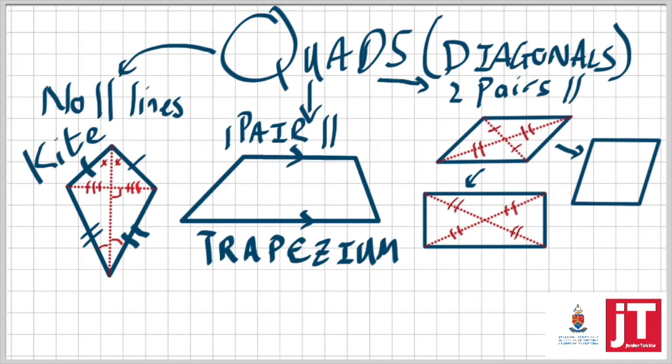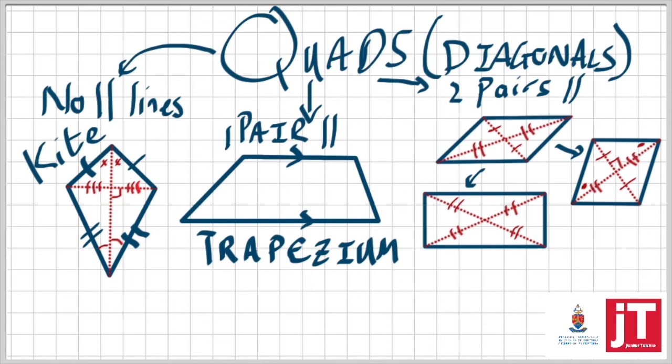Oh, they love to ask rhombi. Because not only are the diagonals bisected, but they are bisected at 90 degrees. Now, I love to ask this for my grade 10s and 11s because they forget about that property of a rhombus.